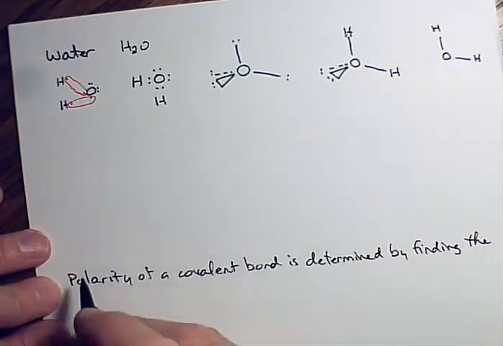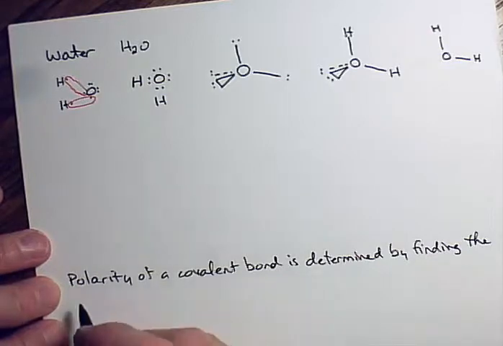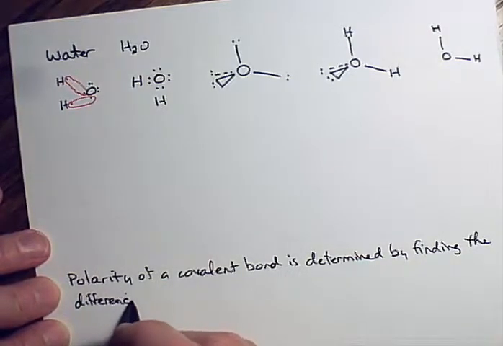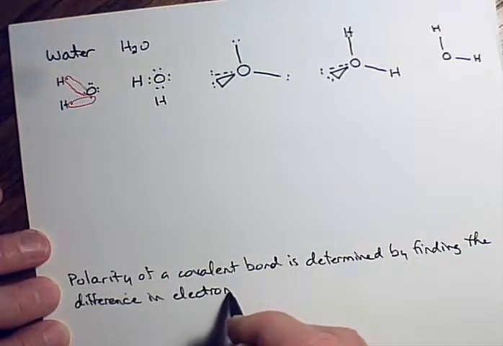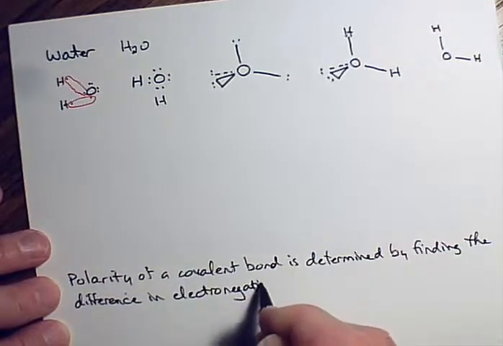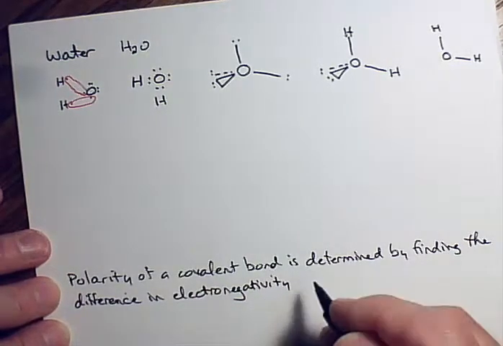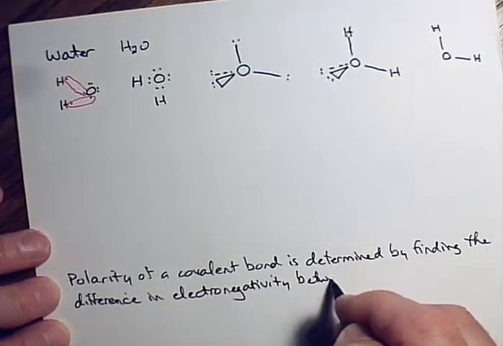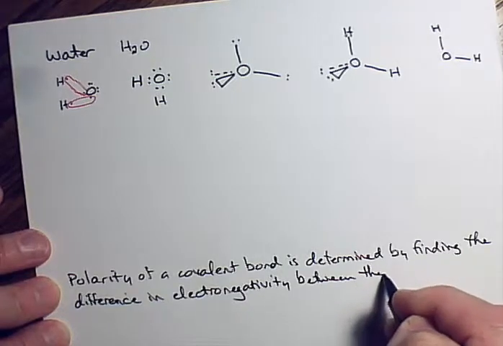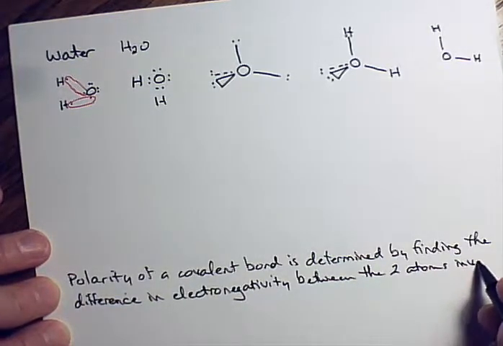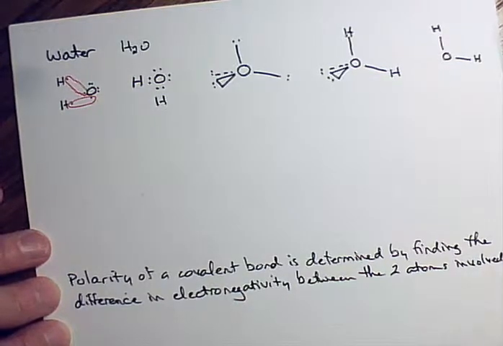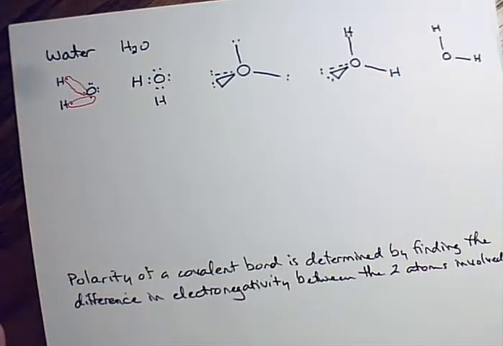It's determined by finding the difference in electronegativity between the two atoms involved. So we're going to find the difference. That means we're going to subtract.